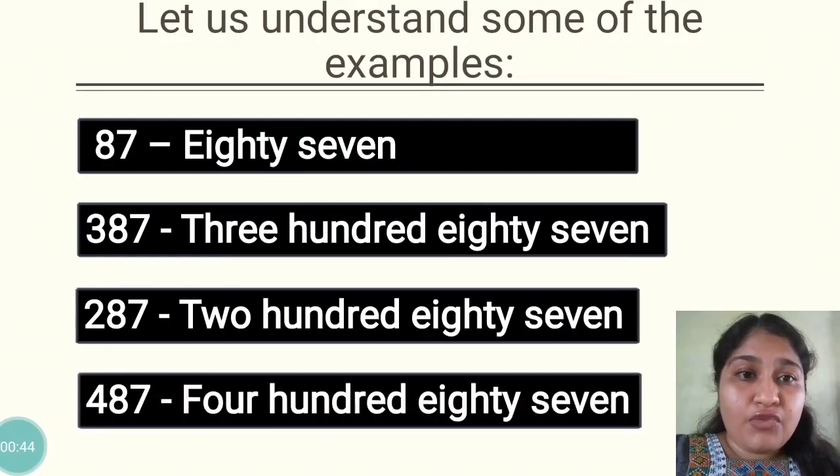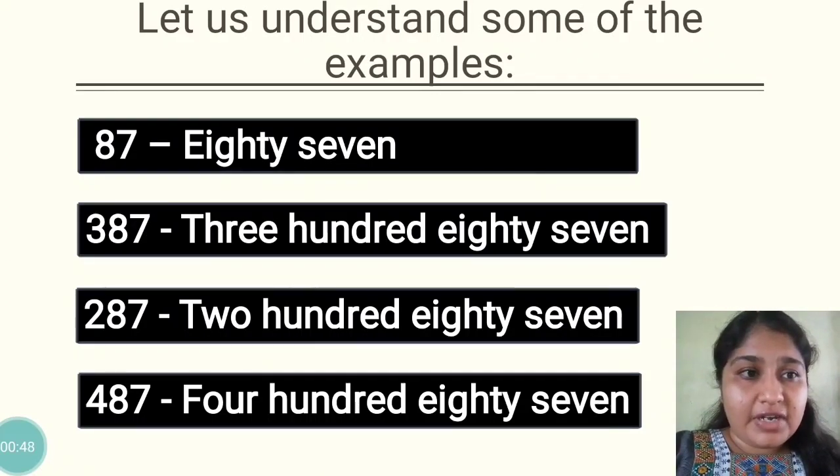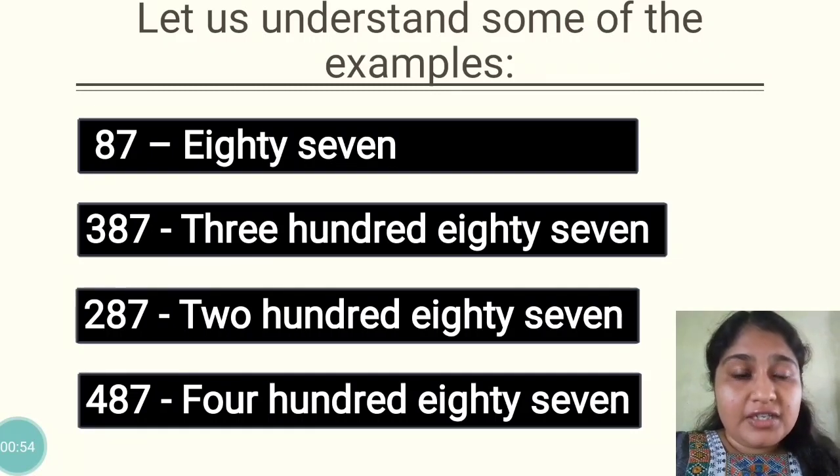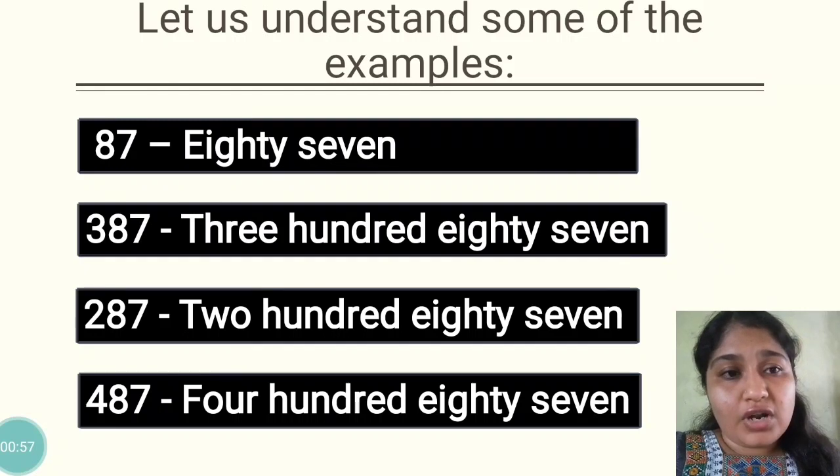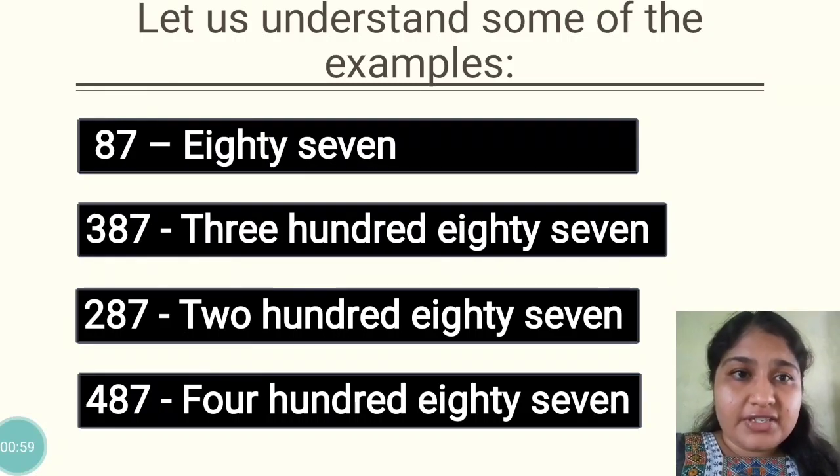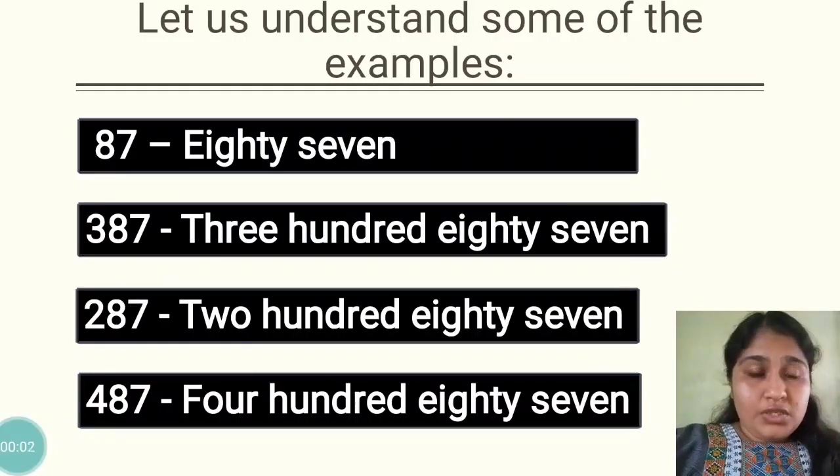The last is 487. So, the number name is 487. Here students you can see 87 से पहले हमने क्या लिखा, 300, 200 and 400. So, you can see the difference. So, students, you have understood examples.